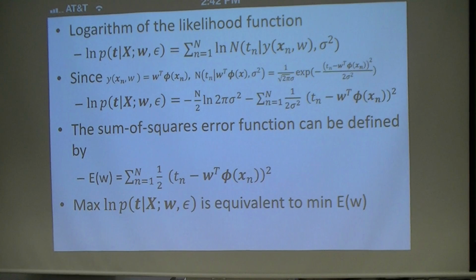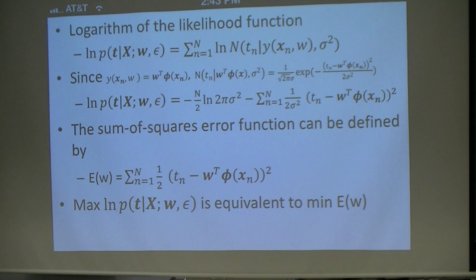Then we can see the first term of the log likelihood function is constant. It only depends on sigma squared. It does not depend on the model parameter w.